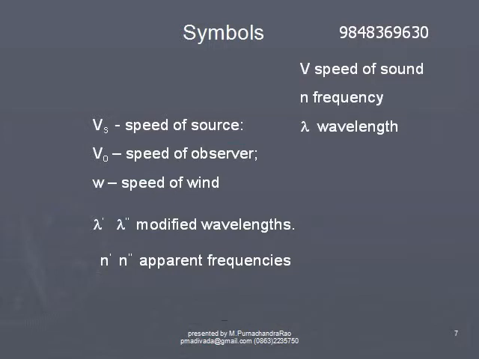Lambda prime and lambda double prime are used for the modified wavelengths of the sound wave. n prime and n double prime are the apparent frequencies noticed by the observer. These are the symbols used in Doppler effect.